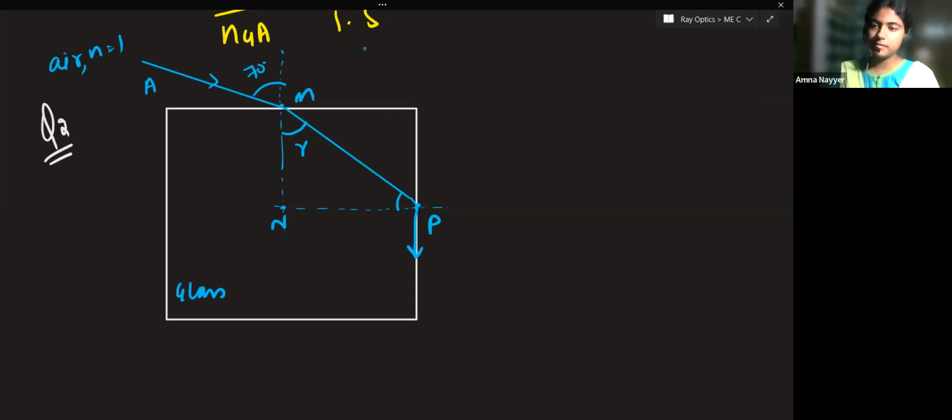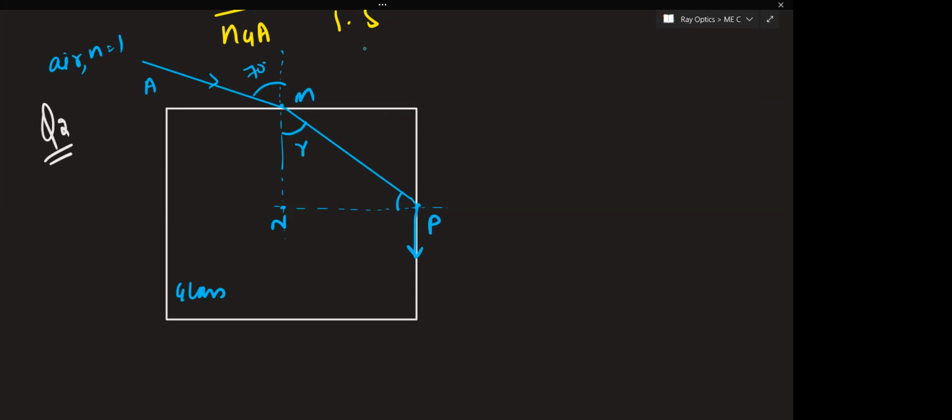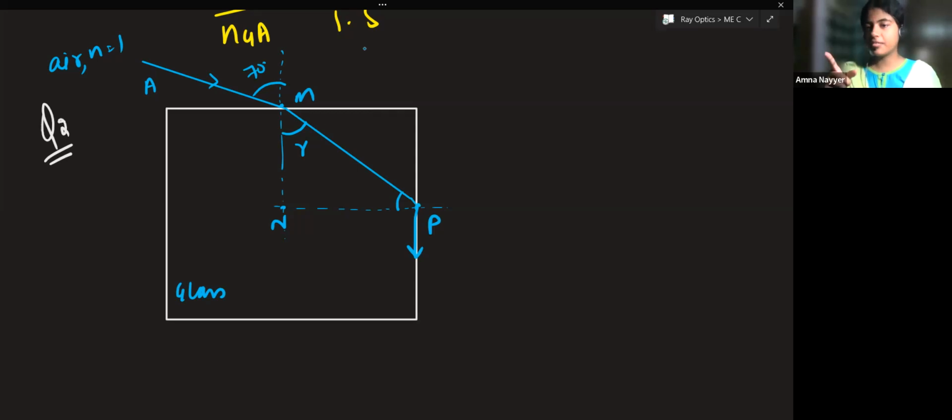This angle is 90 degrees. Critical angle. See, 90 degrees refraction, the inner incident angle is the critical angle. This is 90 degrees, Krishna. And yes, this is critical angle. Fine. All right. So A, B, C, D.